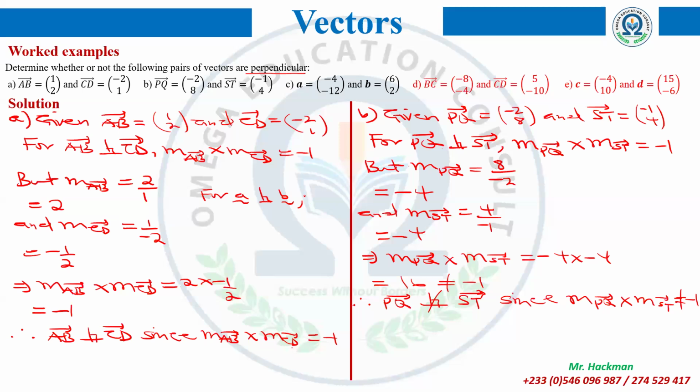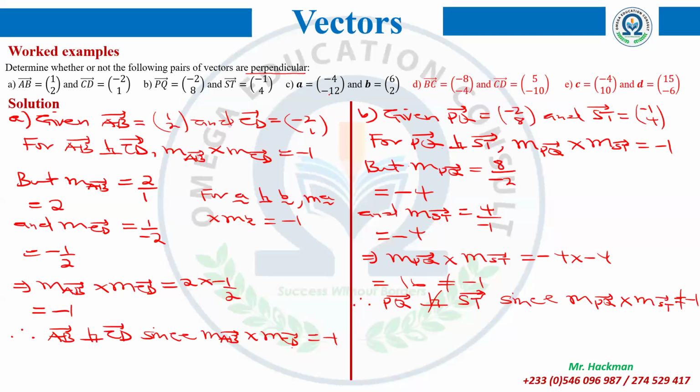I will get small m of A tilde times small m of B tilde should be equal to what? -1. You come and find small m of A tilde, which will be the same as how you found the m here. So by inspection, what will be the m of A tilde? 3, right?